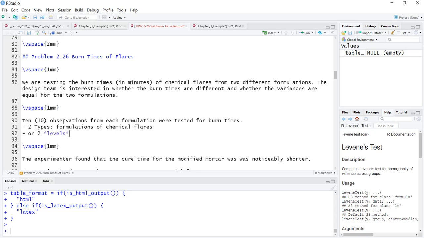So to do that, I put one asterisk on each side. That makes it italic. Two levels of the factor called type. Okay.